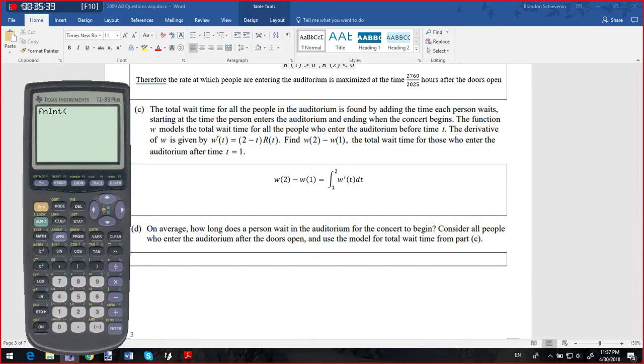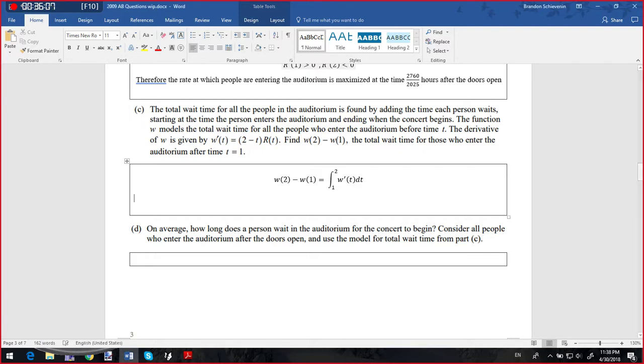Our r of t, times 2 minus t, in terms of t from 1 to 2. Okay, and I have 387.5.